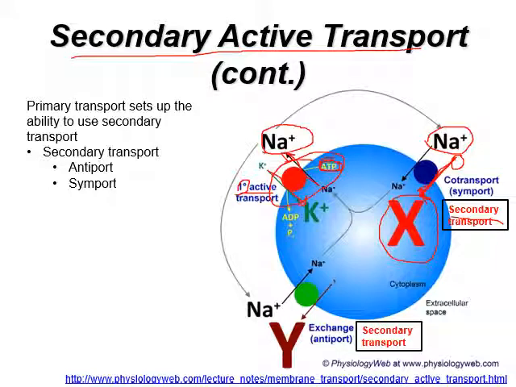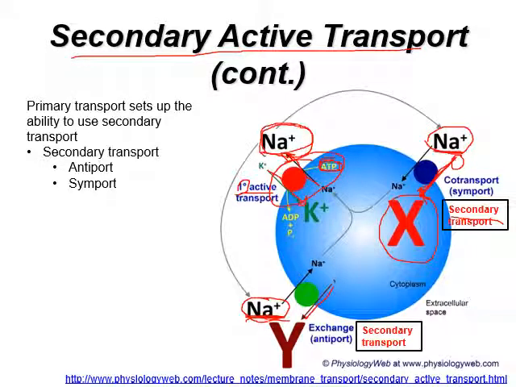Sodium can also be used to move molecules out of the cell from low to high. But again, the sodium gradient is the fuel. And why do we have large amounts of sodium out here? That goes back to the primary. The sodium potassium pump has created this large concentration gradient out here.